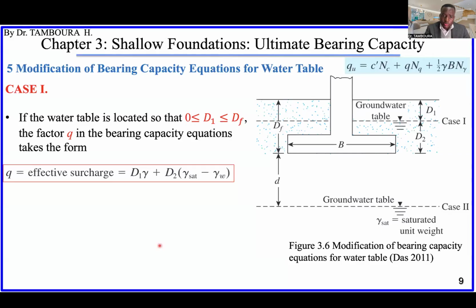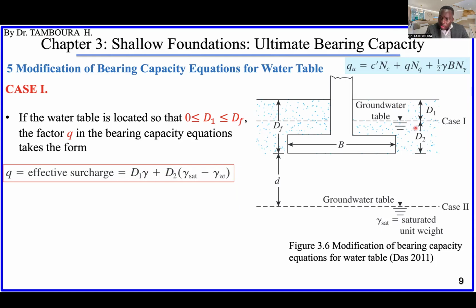I hope it's very clear for everyone. So you have to divide the ground above the foundation level into two parts: the part that is not saturated and the saturated part. The unsaturated part, the part above the water level, is multiplied by the original unit weight. That is this one, D1 times gamma.